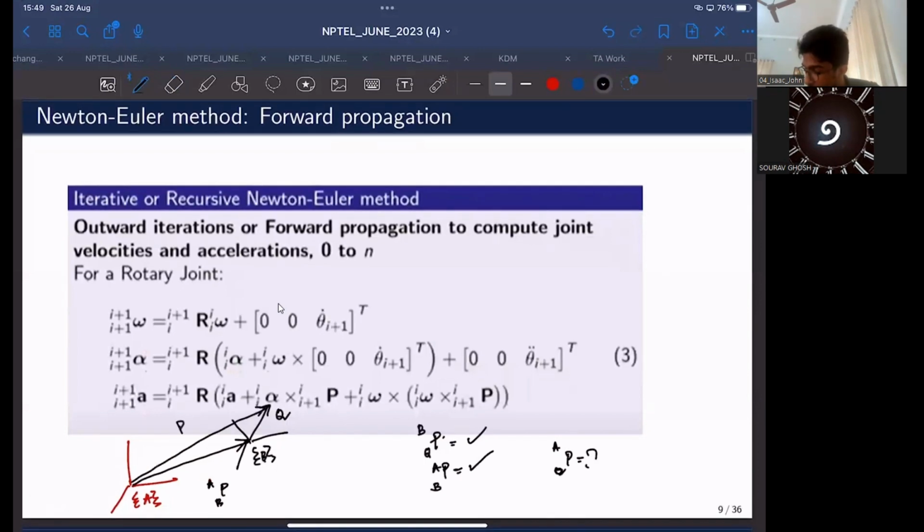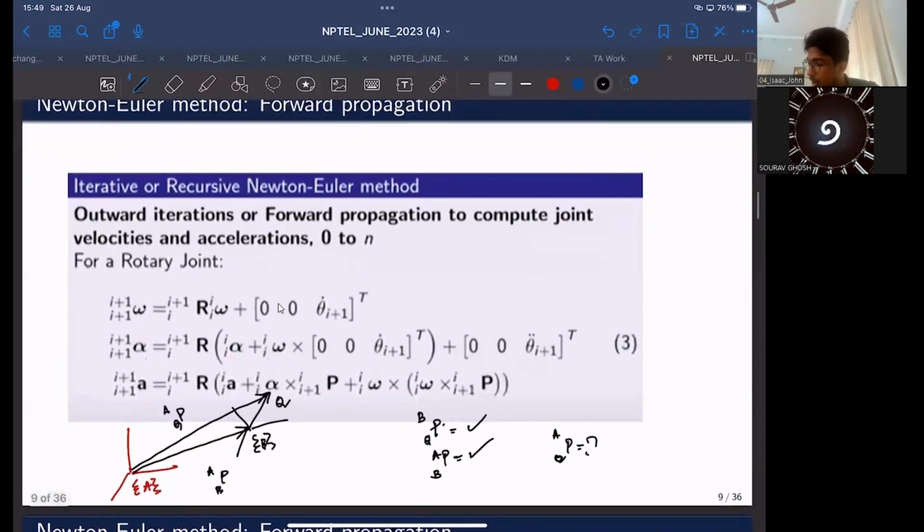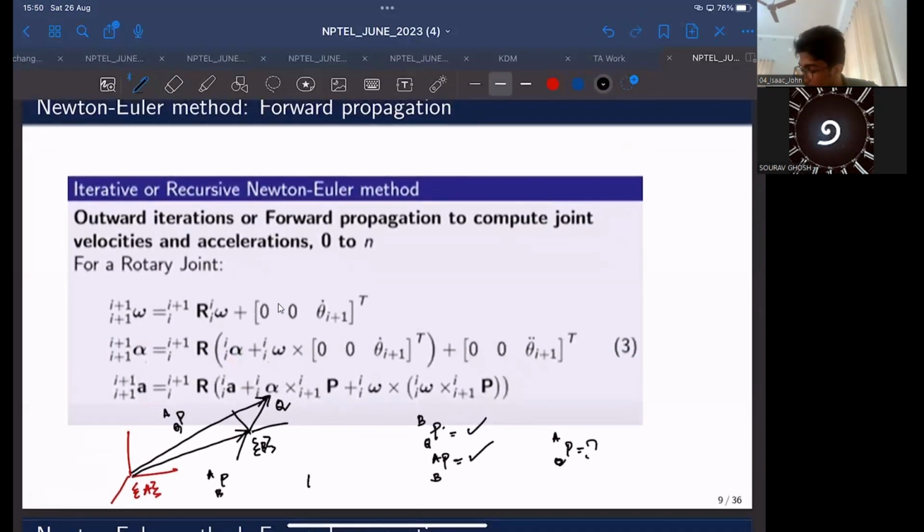Using the law of vector addition, the position of Q with respect to A is the position of B with respect to A plus the position of Q with respect to B.